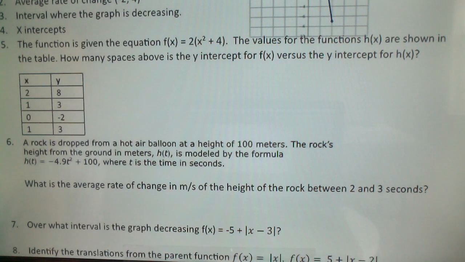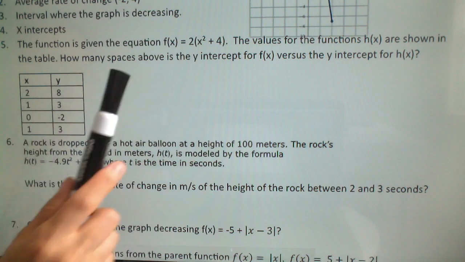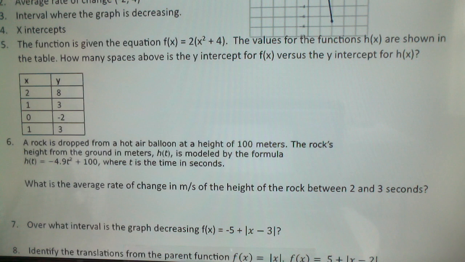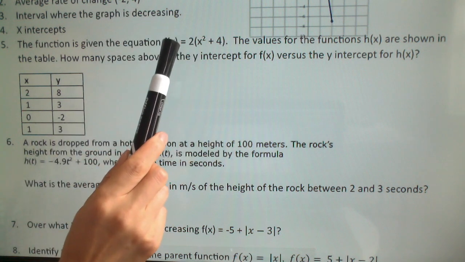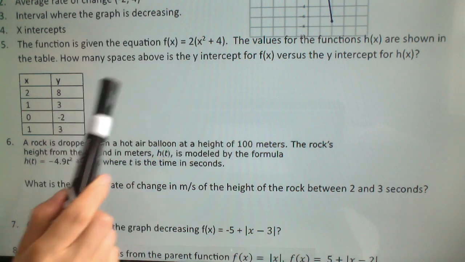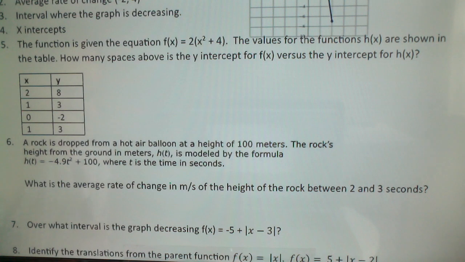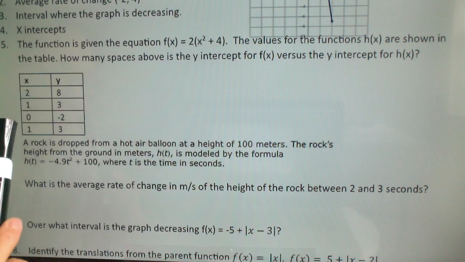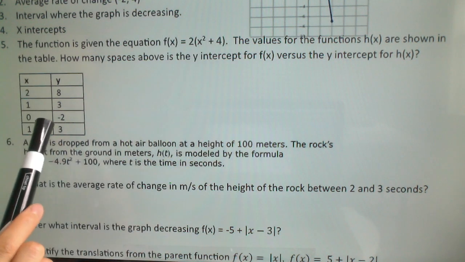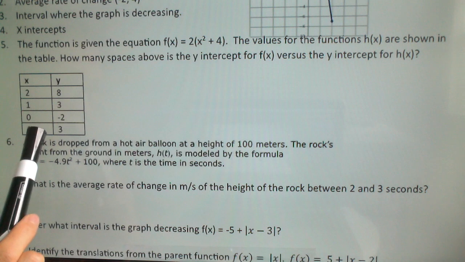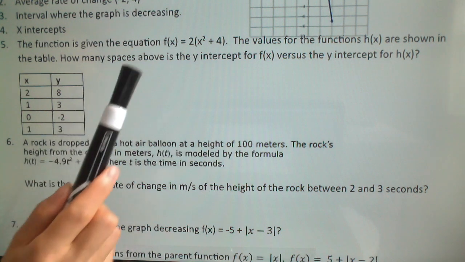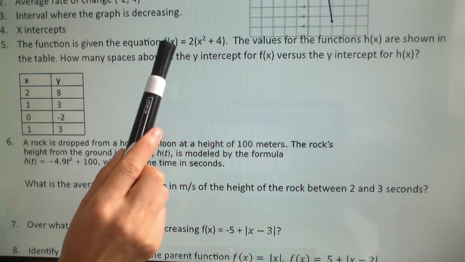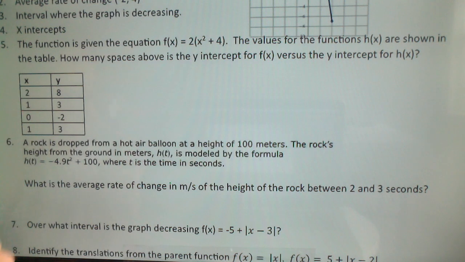And we're comparing how far up h(x) is from f(x). Again, we will find the y-intercept of f(x) and the y-intercept of h(x) from the table, and then compare how far up one is from the other.